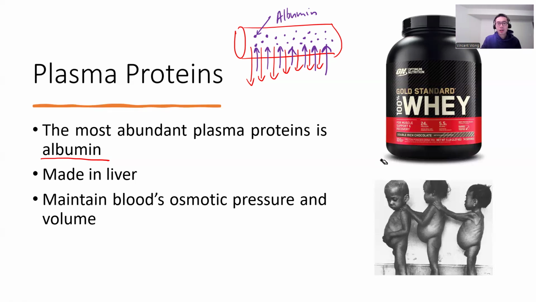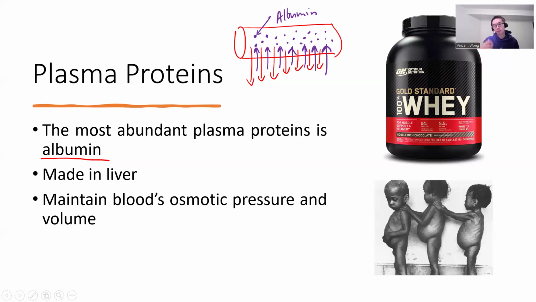So people who drink protein shakes after a workout, much of it is basically albumin. It's protein.